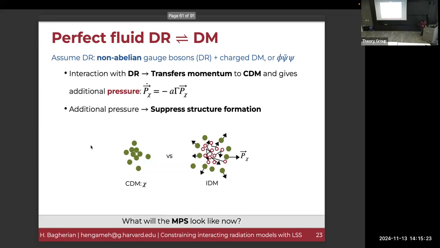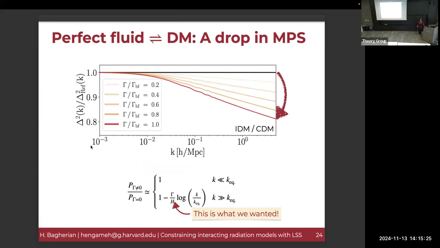If I look at the matter power spectrum for this model now, again this is normalized, but what this tells you is that this part of the matter power spectrum is controlled by the interaction strength of the dark matter and dark radiation. As I increase that interaction strength, I can exactly control this slope. So this is the parameter we were looking for, the model that would allow us to solve this tension simultaneously.